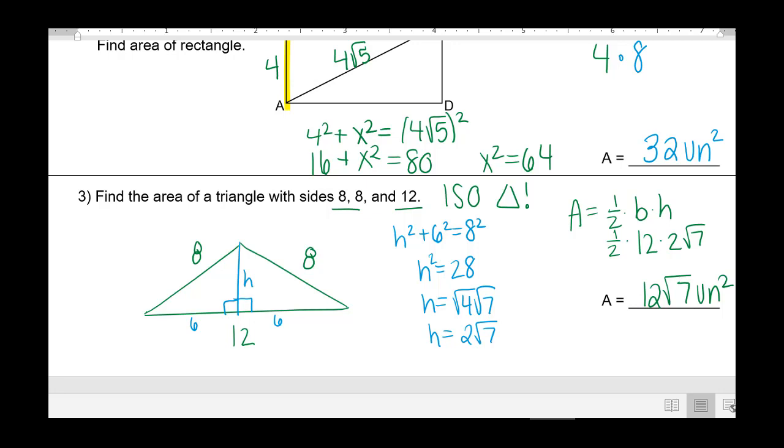Again, this is a little bit more of a challenging question. So if you got portions of it or almost there, that's awesome. Because we haven't learned per se the formula for the area of the triangle, 1/2 base times height. So we would drop down that height, use Pythag to solve for that missing height of 2 root 7, and then multiply that 2 root 7 by our 12 by that 1/2. So those are the answers. There are some good examples for us to go through.